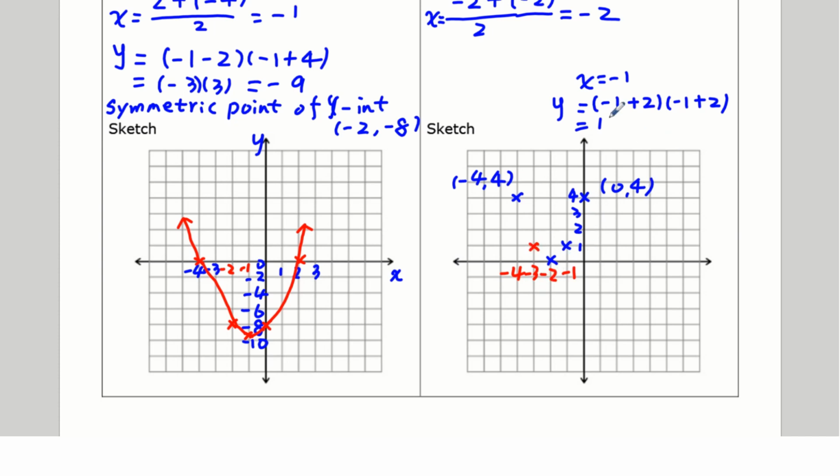Or you could sub in negative 3: negative 3 plus 2, then squared, because they are the same. Then negative 1 squared is 1. So you have this symmetric form. Then connect them and you have the graph. So this is using the 5 points to graph it.